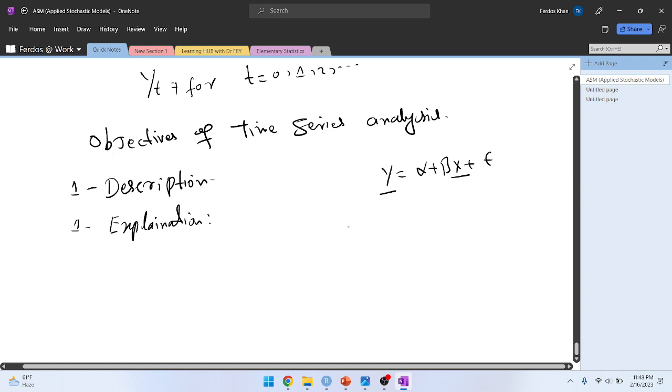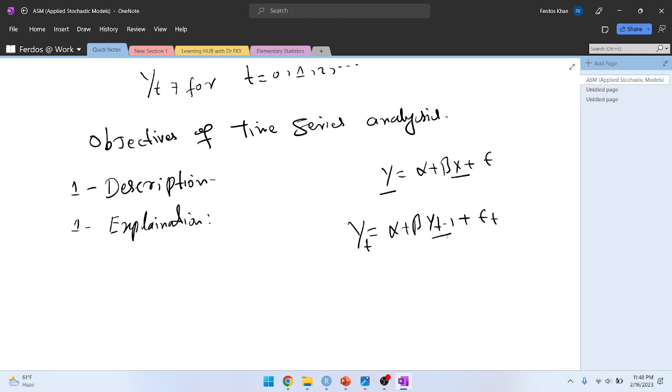Similarly, for time series, you try to find some suitable model like y_t equals alpha plus beta y_{t-1} plus epsilon_t. It's not necessarily the perfect model; maybe you need to add more lagged values of the dependent variable and so on. So in explanation, you need to find the best model for the data.